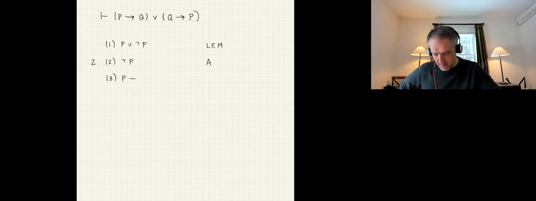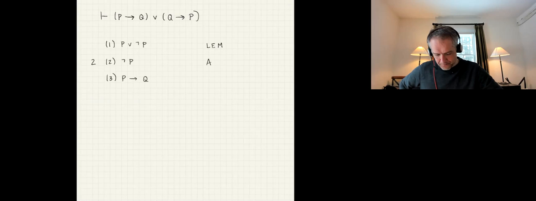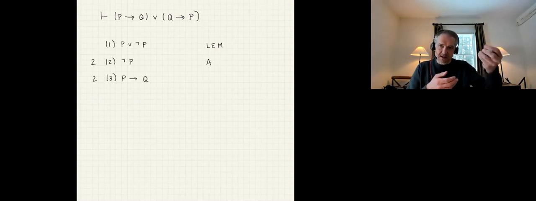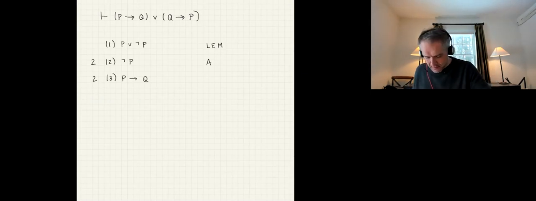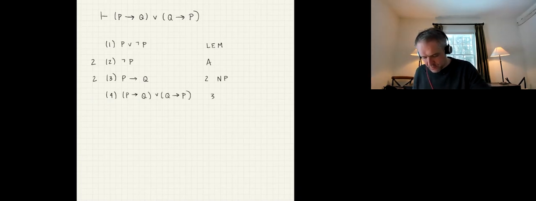So that gives me P arrow Q. So from 2, because as with any use of cut, I just copy down the numbers from the left of the lines I invoke. So this is from 2, negative paradox. And now I'm just going to add back in the disjunction, if P then Q, or if Q then P. So that's 3, disjunction introduction.